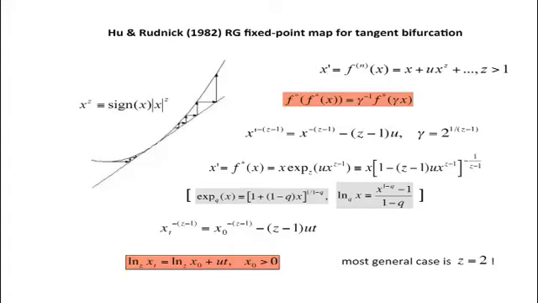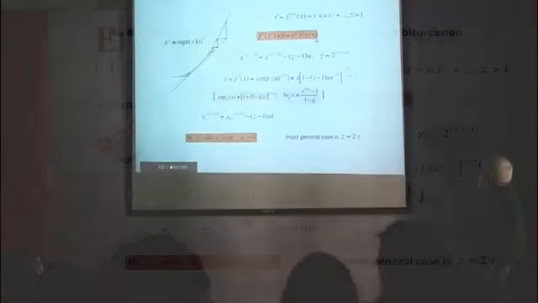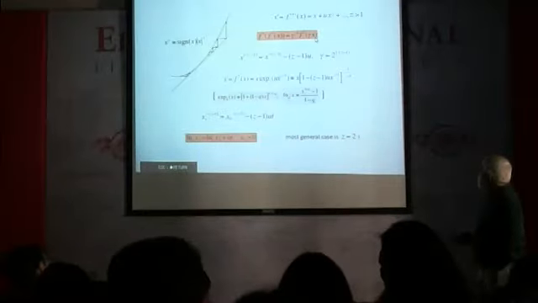So we want to find out whether there is a map such that functional composition is exactly the same as rescaling. And this problem was looked at by Bambi Hu long ago, and the solution is written down here.